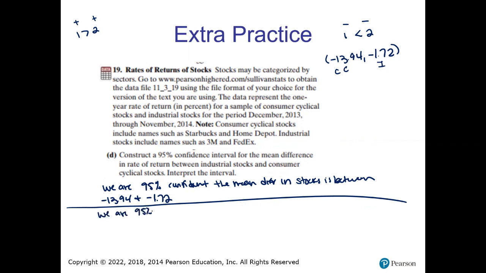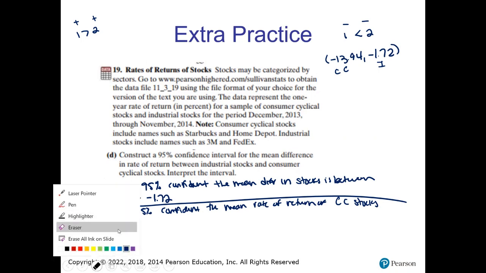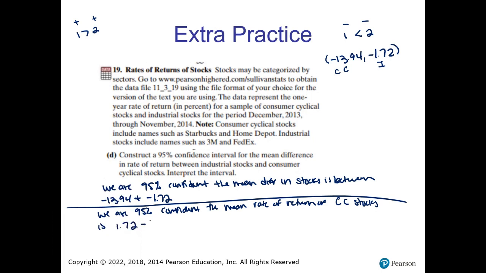We are 95% confident the mean rate of return of consumer cyclical stocks is, I'm going to do it the other way, smaller to bigger, 1.72 to 13.94% less than the industrial. 95% confident the mean rate of return of the consumer stocks is that percent less than industrial stocks.